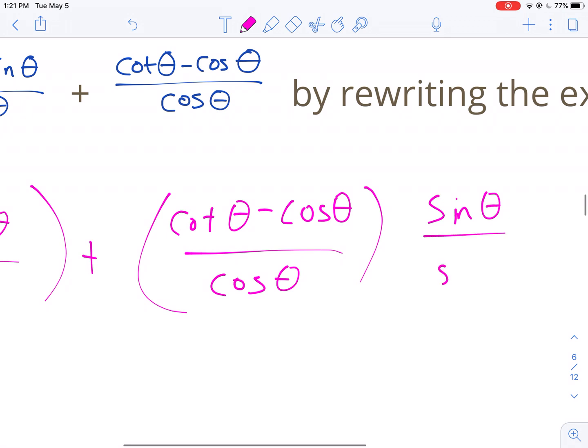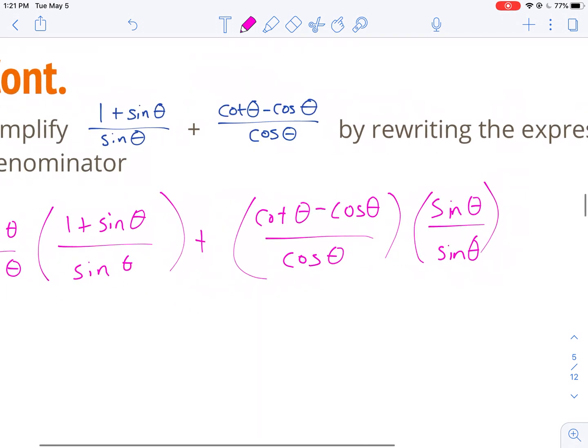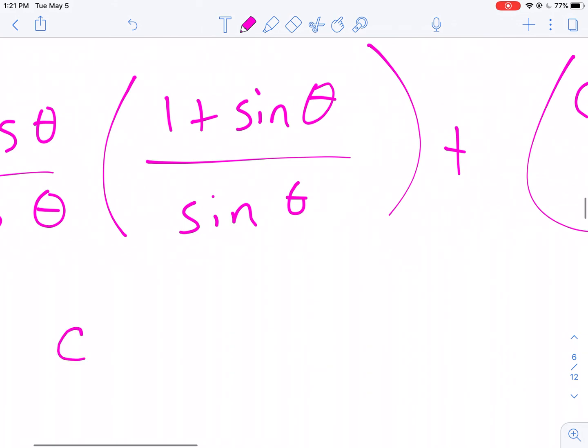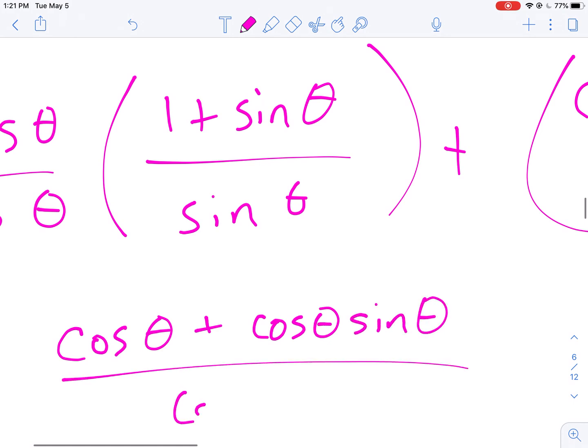Now I can multiply both of these by these separate terms. I'm still multiplying both of these by 1. I'm not changing what these are in their basis. I'm just changing the way they look. So now I have the cosine of theta plus the cosine of theta sine of theta over the cosine of theta sine of theta.